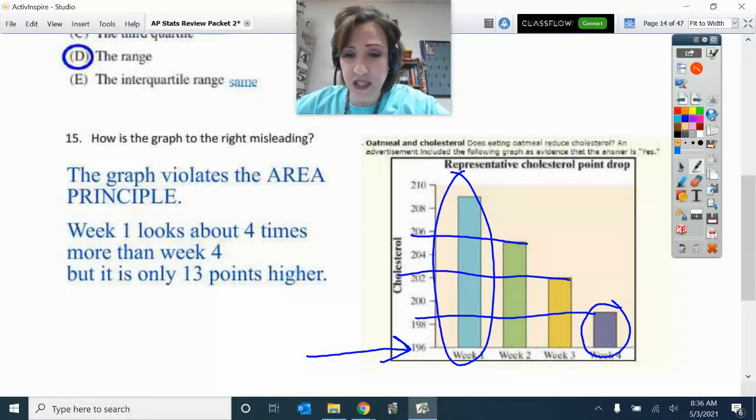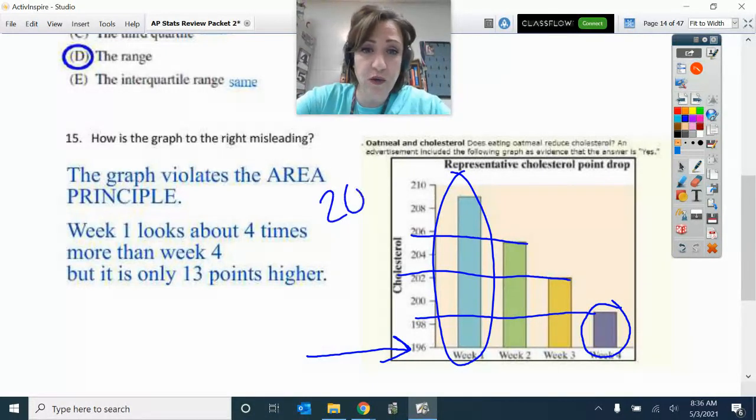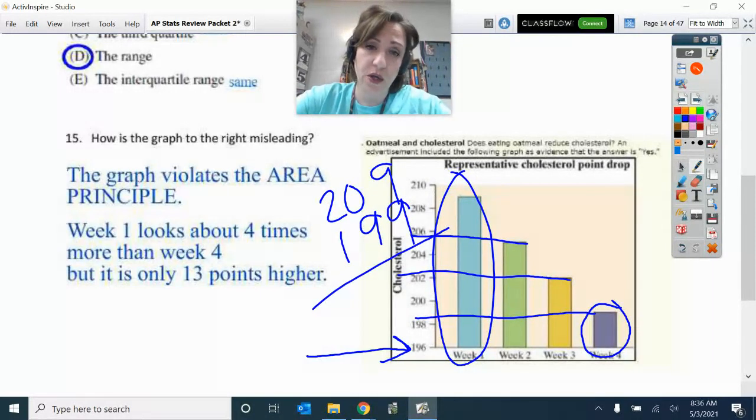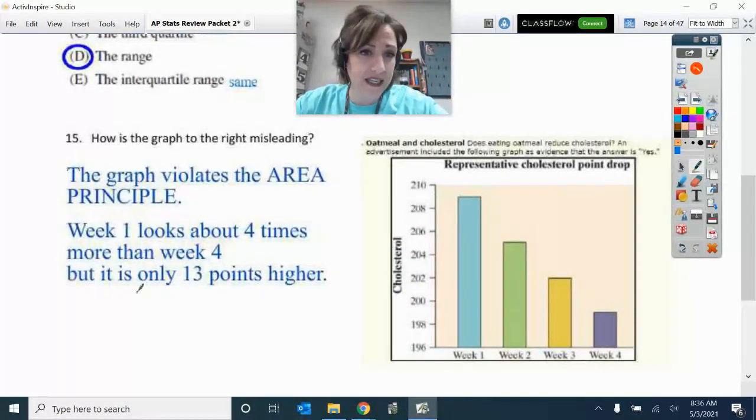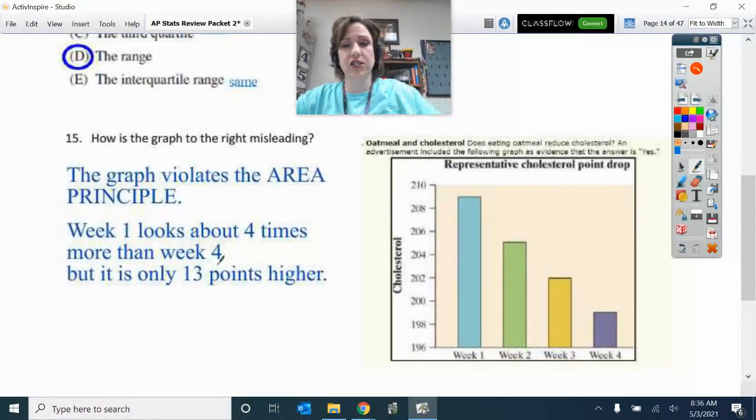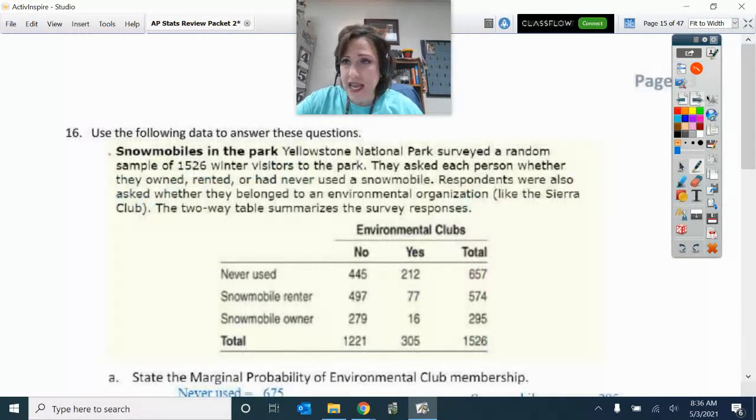Week 1 is 209, and week 4 is say 199. So what is that? That's only 10 points different. I think I had computed a little bit different here. It's 13 points higher. But you can see it's definitely not 4 times higher. So it is violating the area principle.